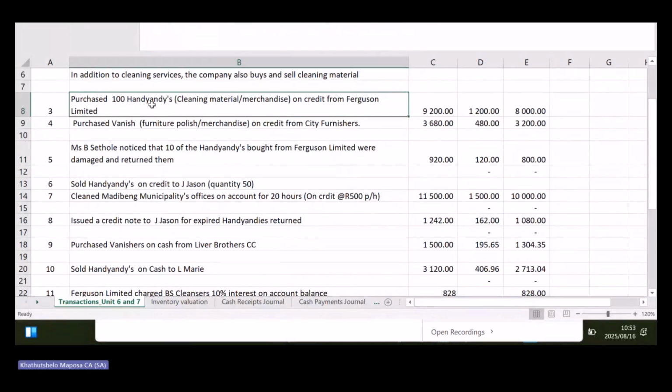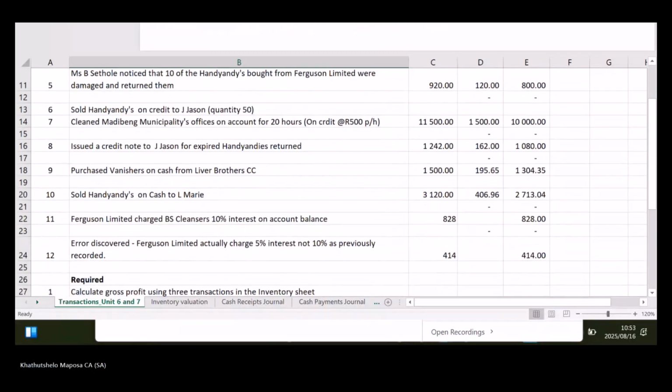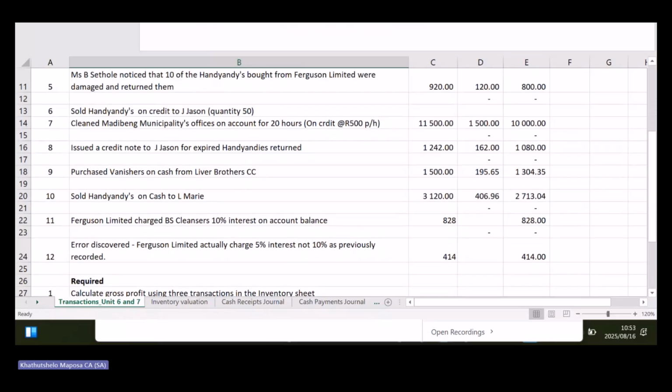I fully agree with you. Then you are understanding it better. Puseleto, we said we will do number 8 up until number 12. Number 8, we have issued a credit note for the expired Handy Andys that we sold to someone. Okay, it means someone returned what they have bought from us.